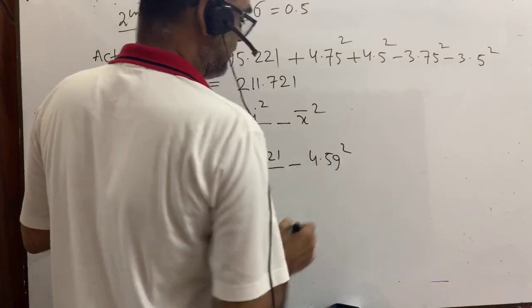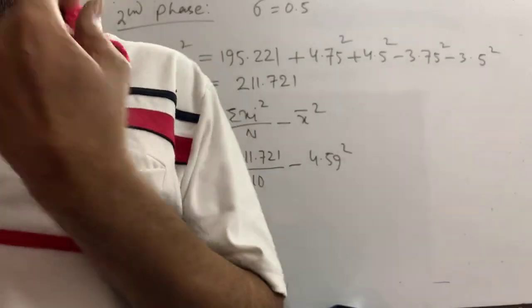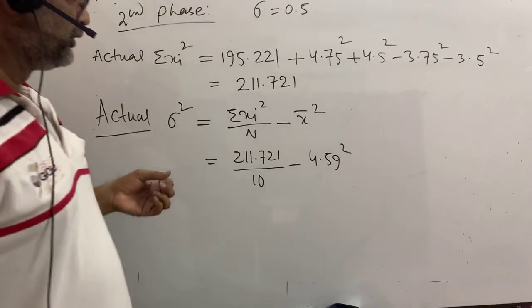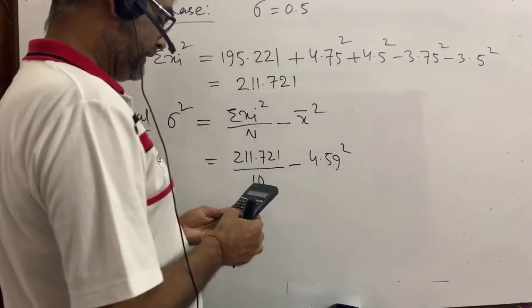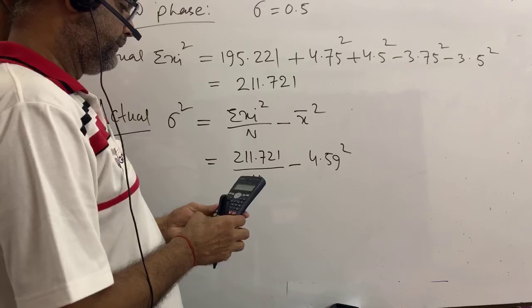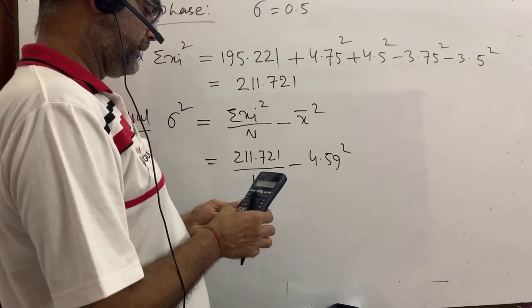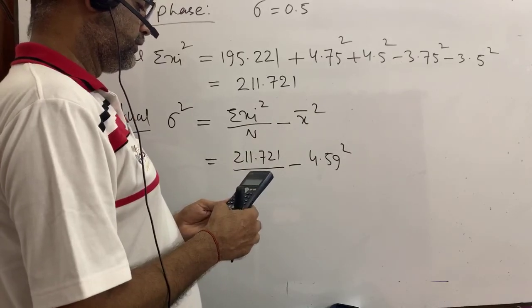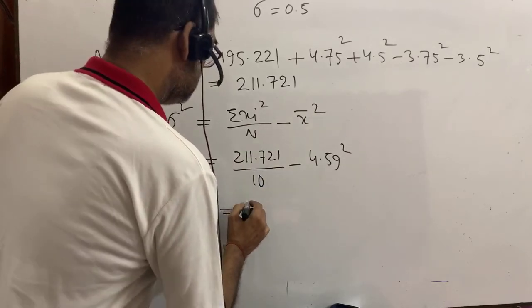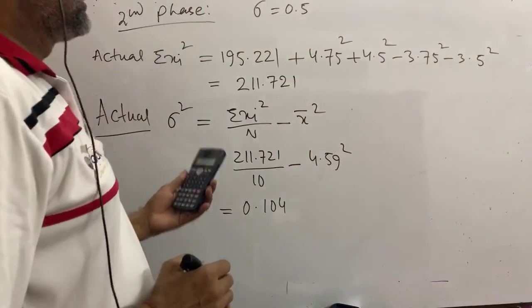Actual mean was 4.59. Now you please calculate. Divided by 10 minus 4.59 square is equal to what? 0.104. This is the variance.